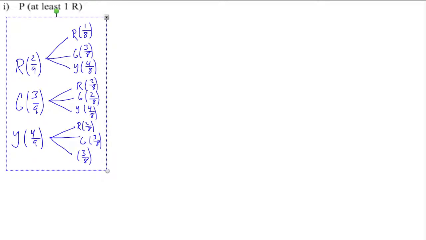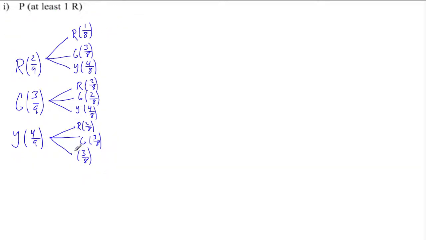Here, what's the probability that I get at least one red? Well, this is going to be a whole big mess. So I want to find the probability of green and red. I want to find the probability of yellow and red. And I want to find the probability of red and red.